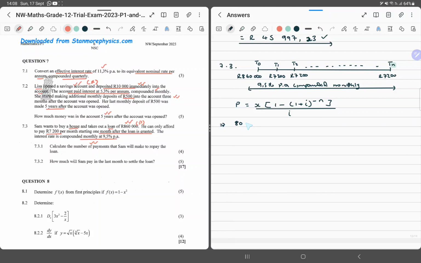So we're going to put 860,000 is equal to 7,200 into 1 minus (1 plus 0,095 over 12) to the minus n, because that's the one we're looking for.